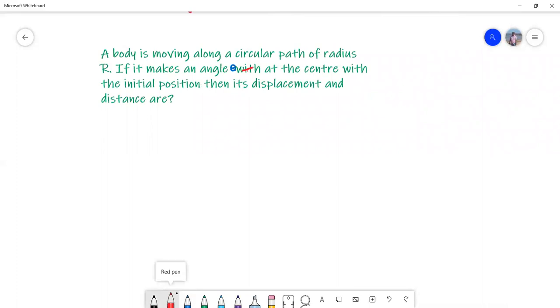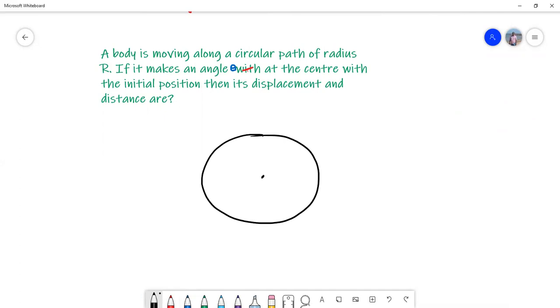Once again, let me take a circle. This is the center of the circle. Let's say he starts from this point. This is the radius. Then after some time, this body may be at this point, say B. It is given that this total angle is theta. So it is asking what the distance and displacement are.